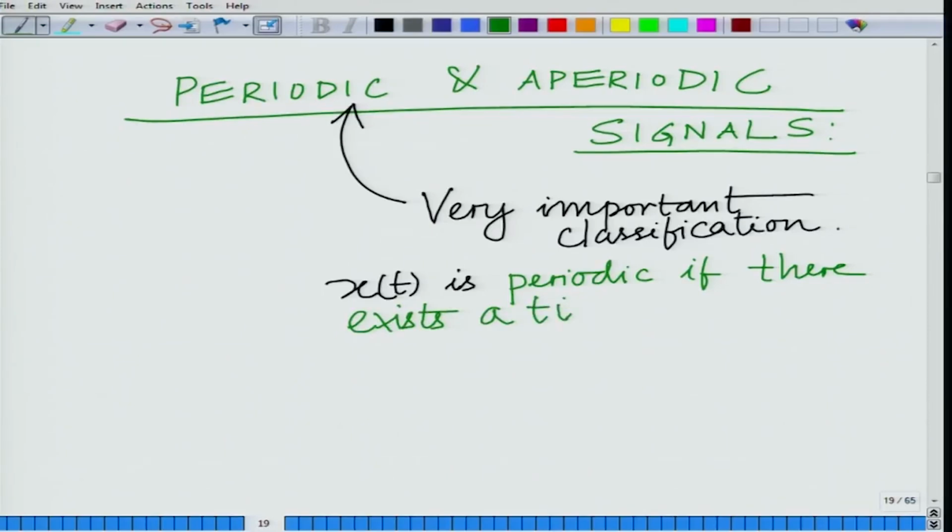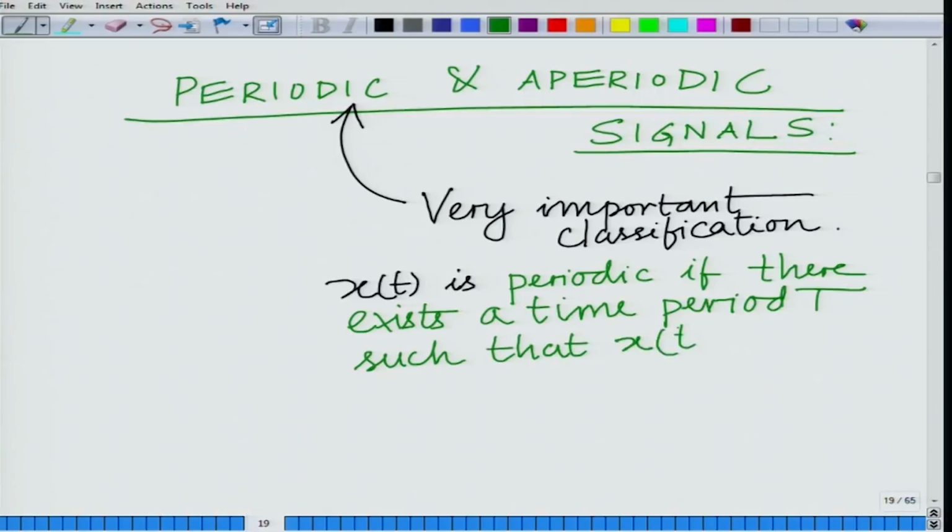or if there exists a time period T such that x(t plus T) is equal to x(t).